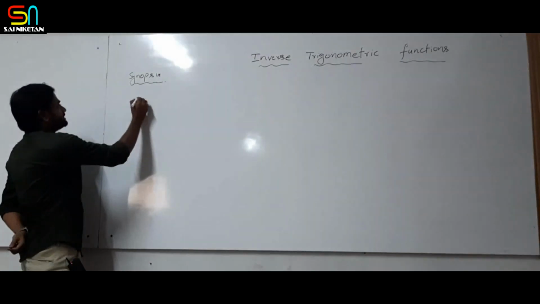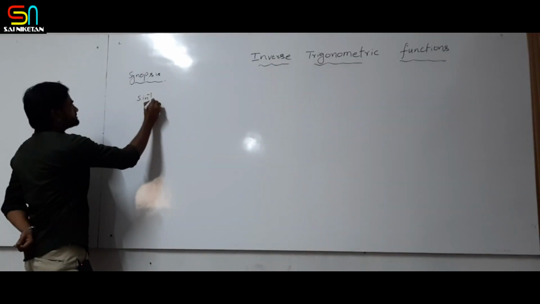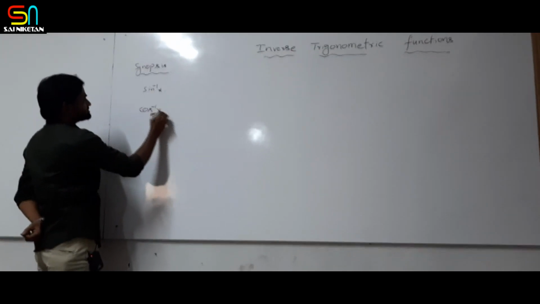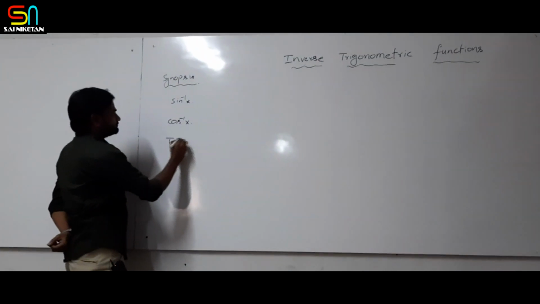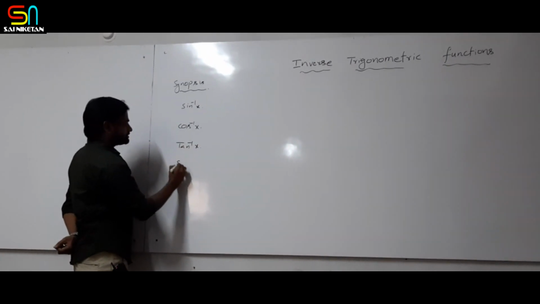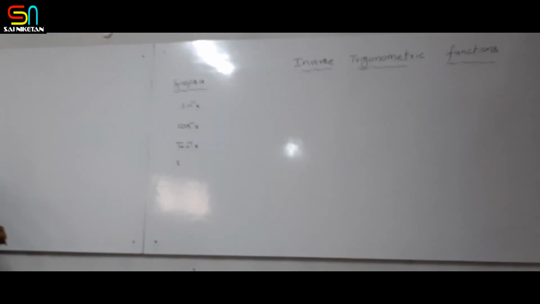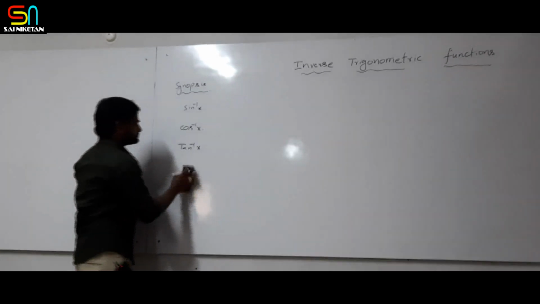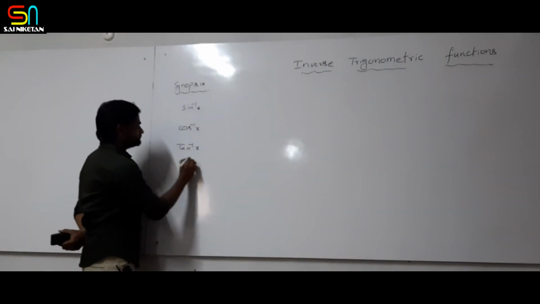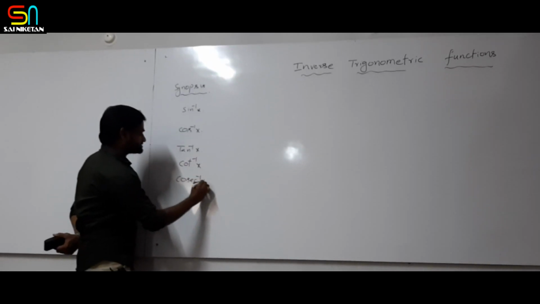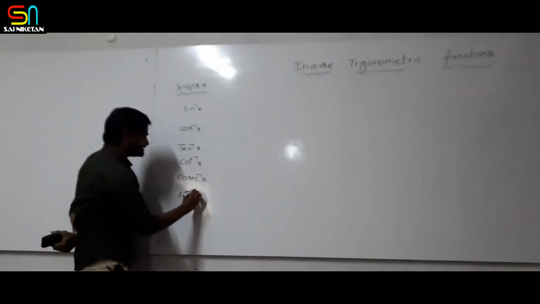That is sine inverse x, next cos inverse x, next tan inverse x, next cot inverse x, next cosecant inverse x, and the last one is secant inverse x.